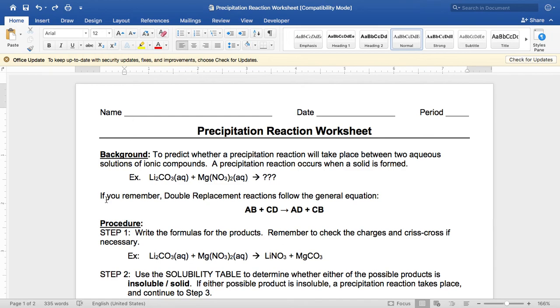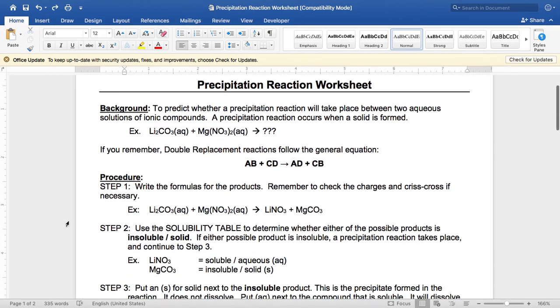So in these types of reactions, we are going to be dealing with two compounds, and they are going to switch places, forming our double replacement reaction. And then we have to figure out, will the products be aqueous or will they be solid? So let's look at the procedure.